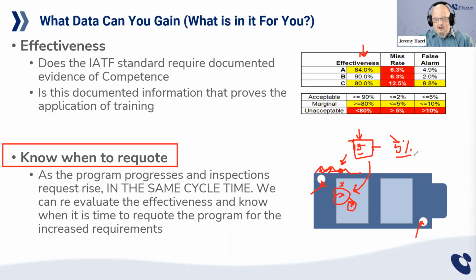When we reran our MSA studies, we had jumped up to 10% to do that inspection. It was time to requote. Your MSA data will give you objective evidence on when it is time to requote based on additional customer requirements for that inspection. And it gives you a quantifiable number of how to do that.